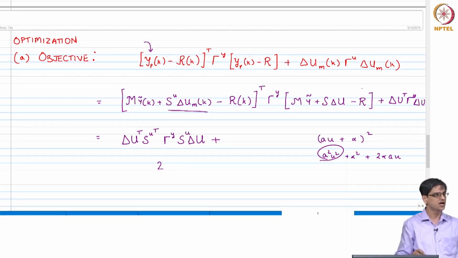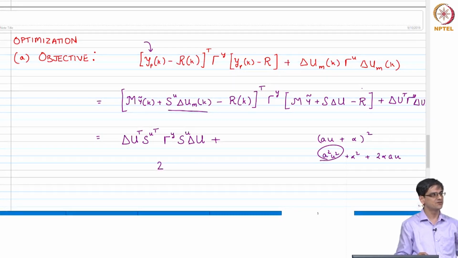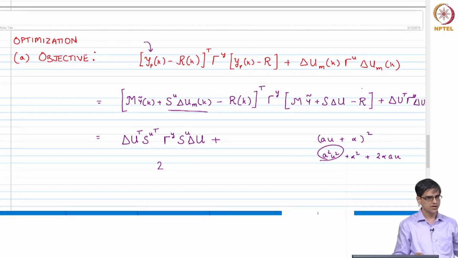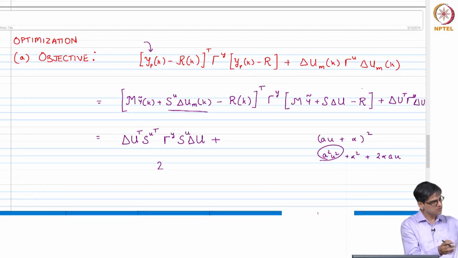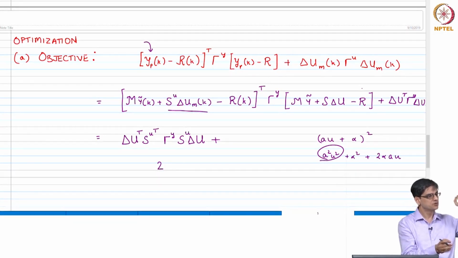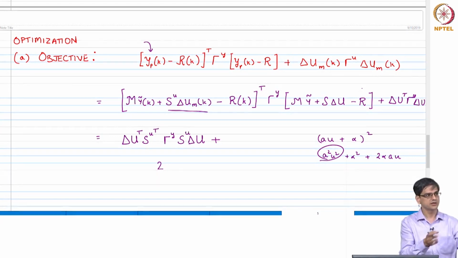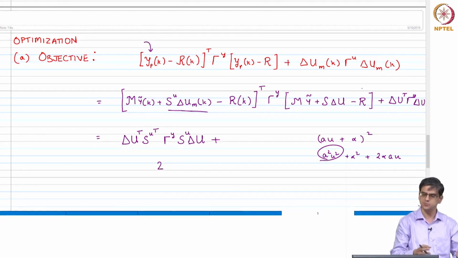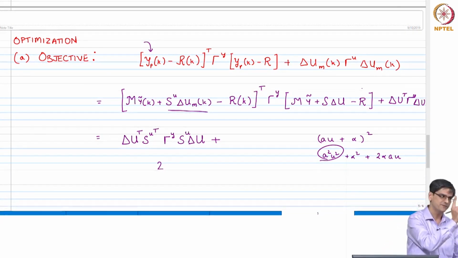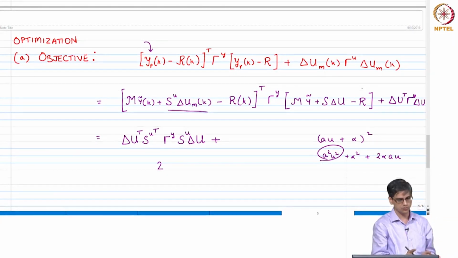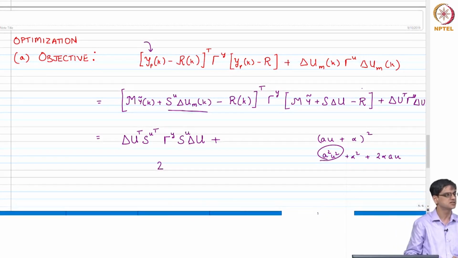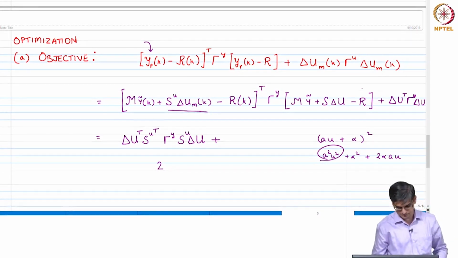Because A and B are both n by 1 matrices, so 1 by n multiplied by n by 1 gives a 1 by 1 scalar. If you have A transpose B or B transpose A, it is going to give you the same result because it is a scalar. If it were a vector, it would not be the same result.